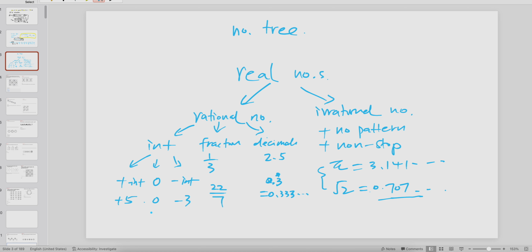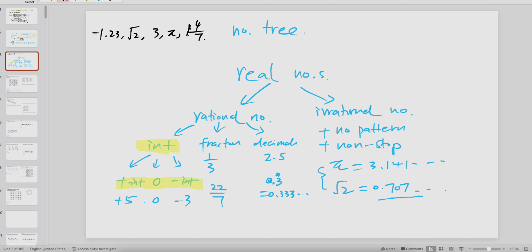Yeah. So with this, you look at this. They want integer, right? Integer, that means you look at this. So integer, you have positive integer, 0, and negative integer, right? So therefore, if I write down all the numbers, okay.